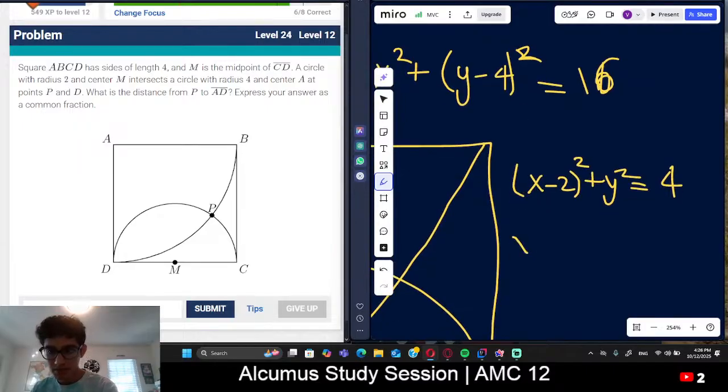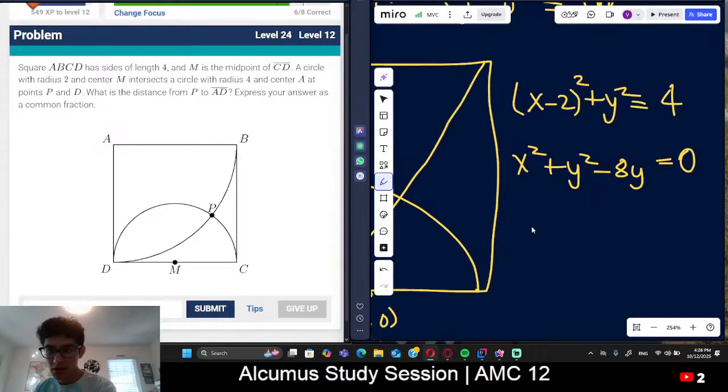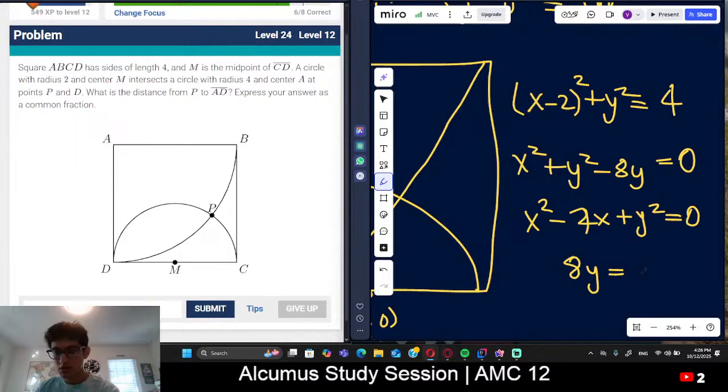So x squared plus y squared minus 8y is equal to 0 because the 16 will cancel out. Similarly, here we get x squared minus 4x plus 4, so that doesn't matter, plus y squared equals 0. We can now subtract these two equations, and we'll get 8y equals positive 4x. So x equals 2y.